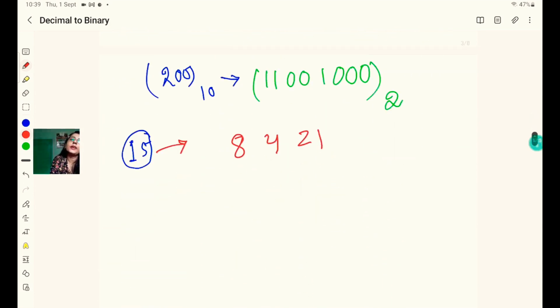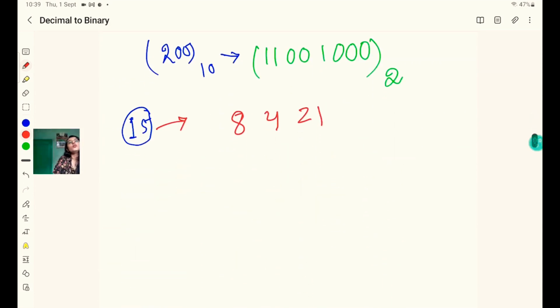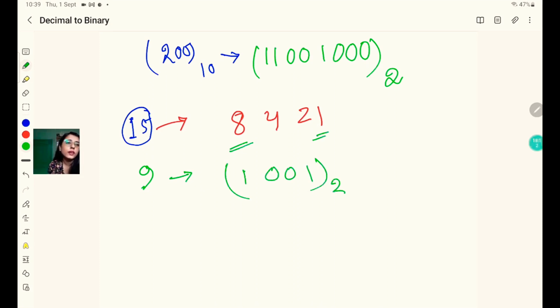So any number up to 15 can be made only by these numbers. Suppose we are going to make the number 9. We need only this 8 and this 1, that is 1001 base 2. If we want to make the number 13, we just need to take this 8, this 4 and this 1, okay?